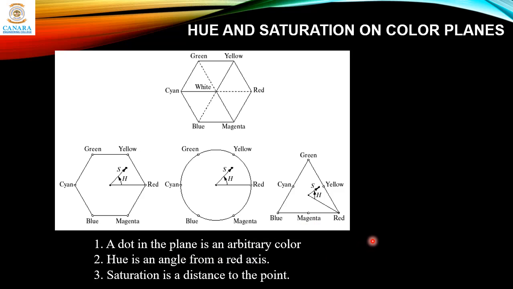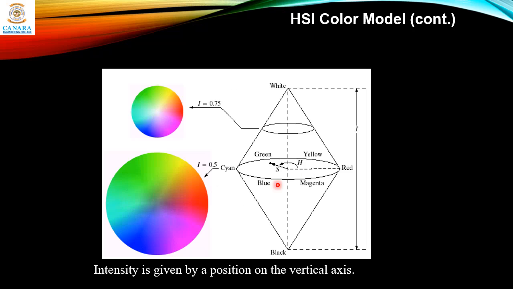So basically, a dot in the plane is an arbitrary color. Hue is an angle from the red axis, and saturation is a distance to the point. This is the actual color representation of the HSI color model, and as you can see, this color wheel is bigger in the mid portion, and as you increase the brightness, we have a smaller area circle with fewer colors.